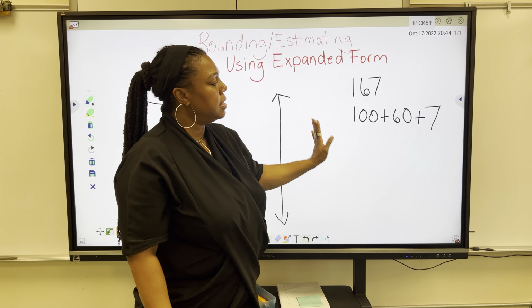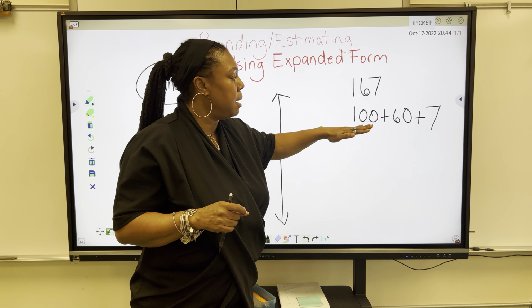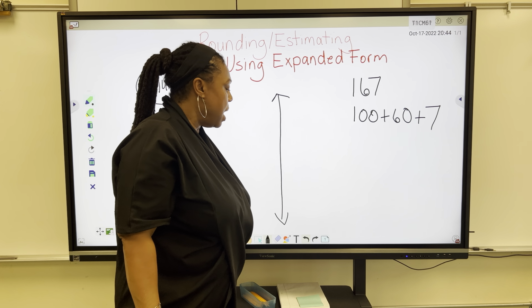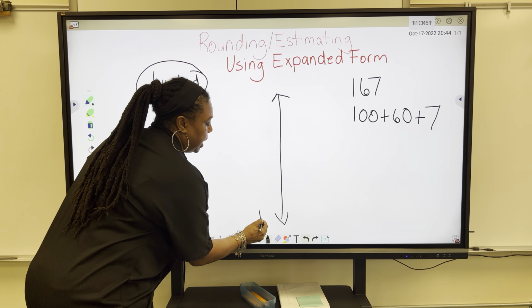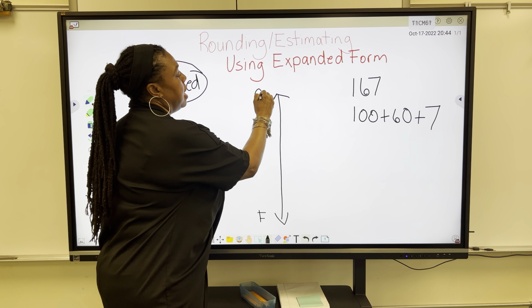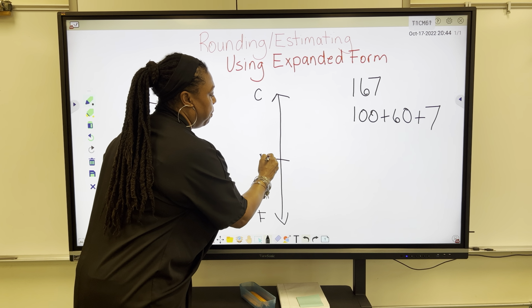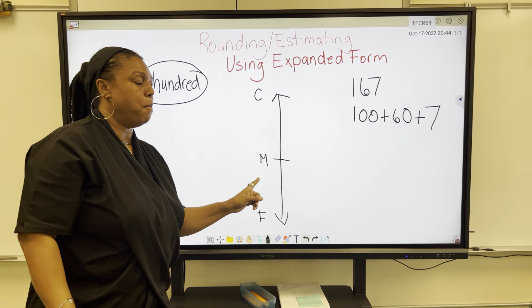So now that we have this number written in expanded form, and I'm trying to, again, round this number to the nearest hundred, what I'm going to do is find a number that is the floor, find what we call the ceiling, and then find the all-important midpoint, okay?